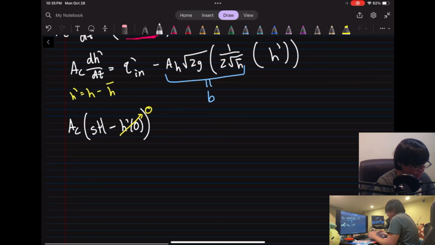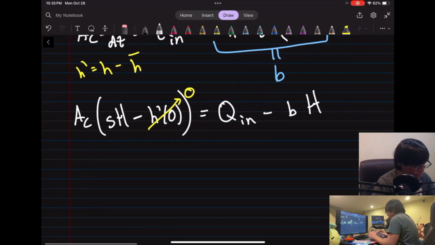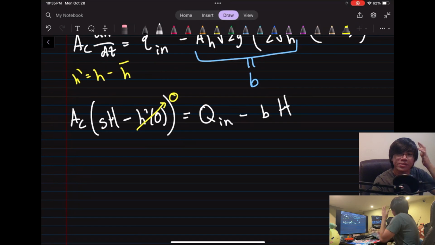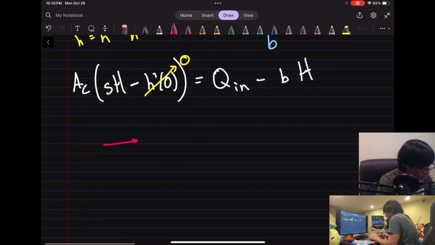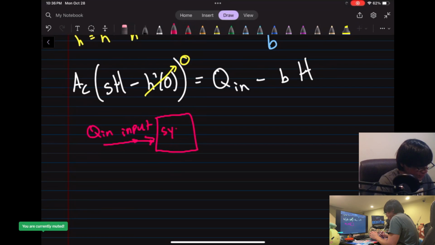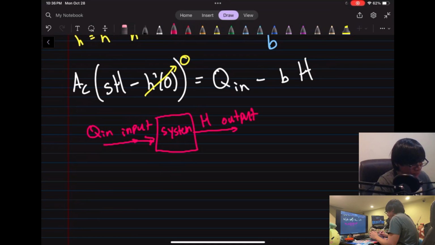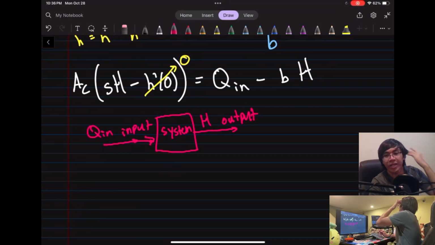So now we're almost there. Hopefully you kind of see where we're headed. H, our height, is the output, so I guess it's worth drawing this out. We have an input, which is our Q in to the system. Something like that. System. And then we have our output, our height. So we put in some inlet flow rate, and then we get out a height.